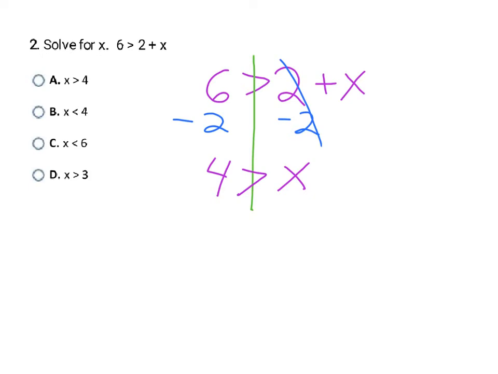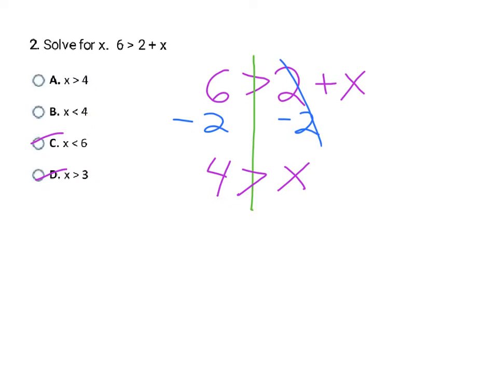Now, this is the part where you have to pay close attention. I have 4 is greater than x. In the answer choices over here, the x's are all first. So my 4 is bigger than the answer, x. If I look over here, I need x to be the smaller one. Here it's saying the answer x is less than 4.